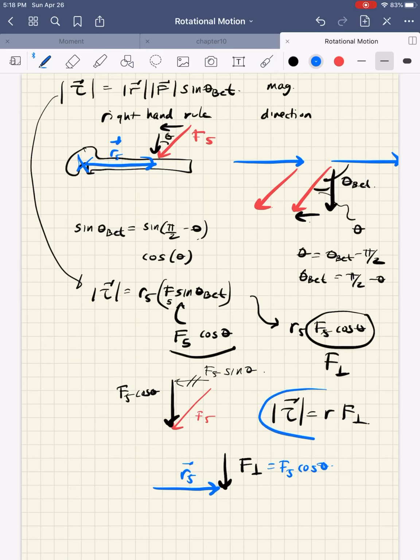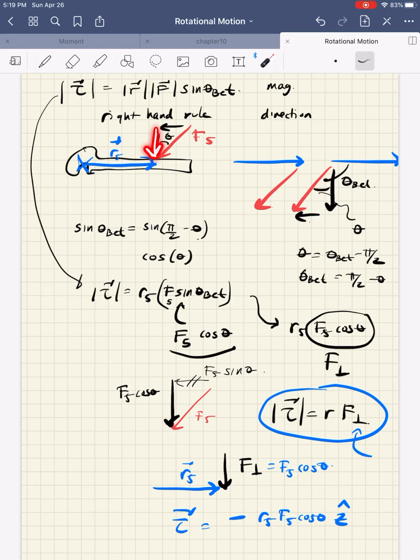So the magnitude is pretty much picking out the perpendicular component of the force. The direction, of course, would have had to be given by me. R5 F5 cosine theta is the magnitude of the torque. It's in the counterclockwise direction, or the negative z hat, and that would give me the torque by that F5 force, only picking out the perpendicular component and multiplying them.